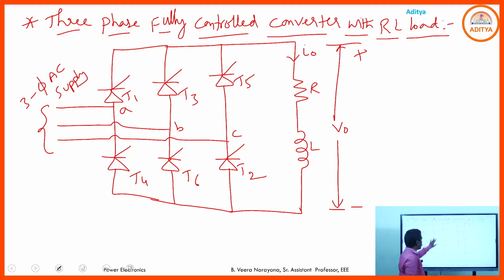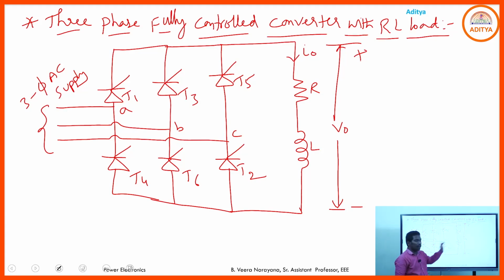Yes, this is a circuit representation of the three-phase fully controlled converter or full wave converter with RL load. The circuit consists of the same 6 SCRs, numbered T1 to T6 according to the sequence of firing of the SCRs. The combination of resistor and inductor is considered as the load, depending upon the value of the inductor. This converter operates in two modes, either continuous conduction mode or discontinuous conduction mode.